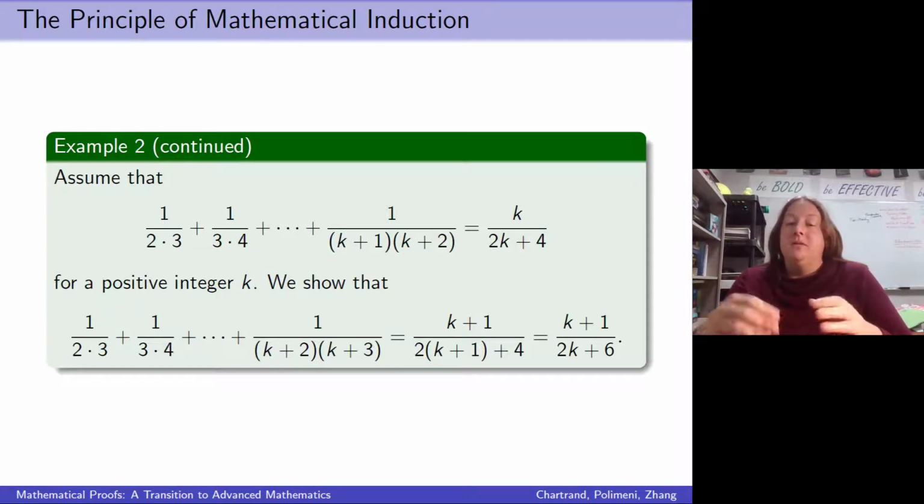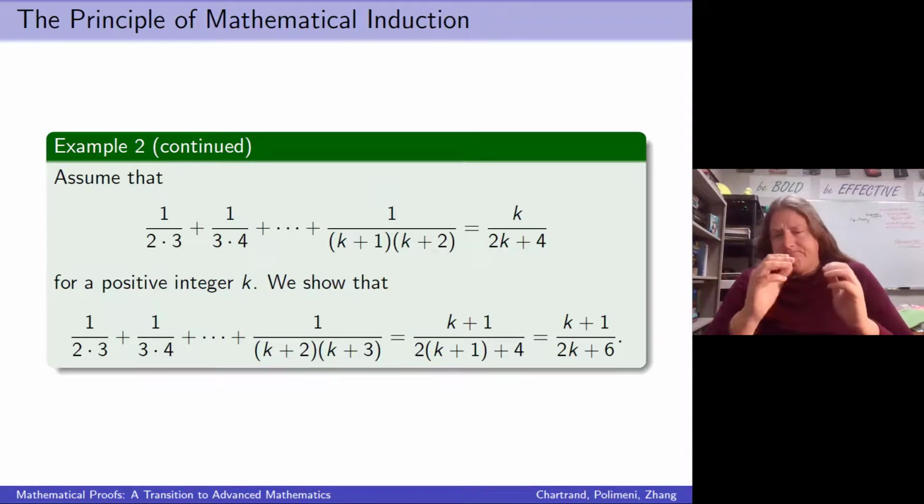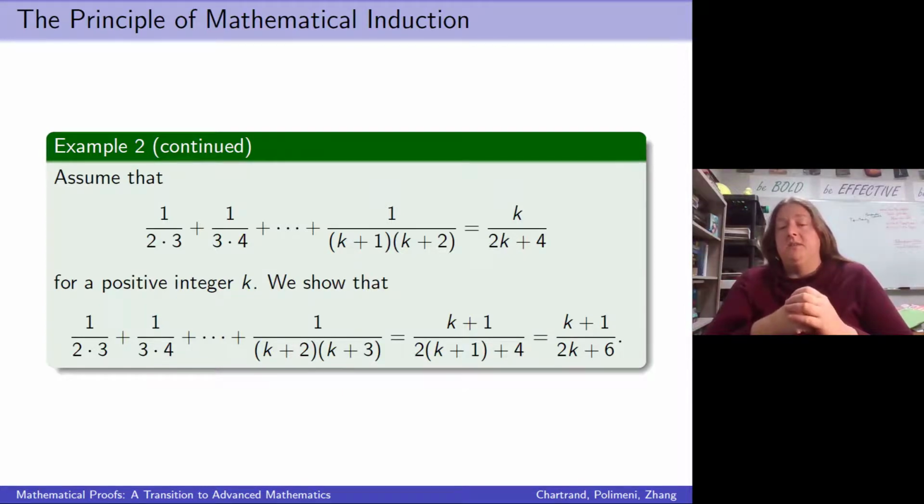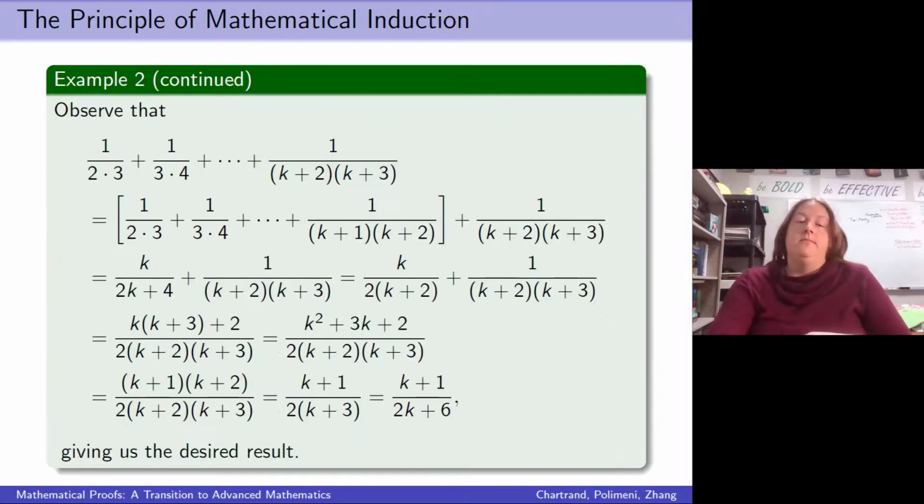So substituting k plus 1 in, I can see that what I'm trying to show is that the sum from 1 over 2 times 3 to 1 over k plus 2 times k plus 3 equals, and simplifying out the right-hand side when I've plugged in k plus 1, I'm trying to show that it equals k plus 1 over the quantity 2k plus 6.